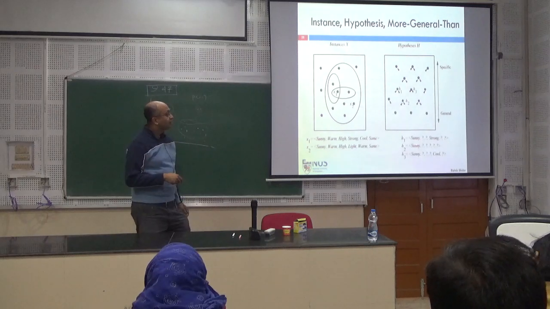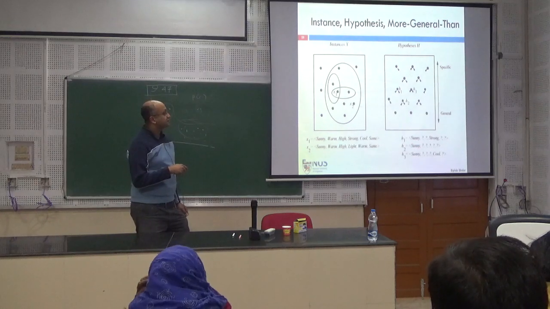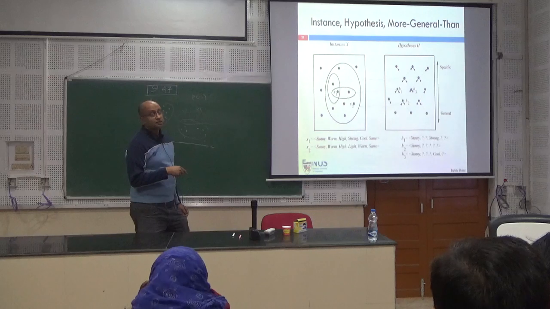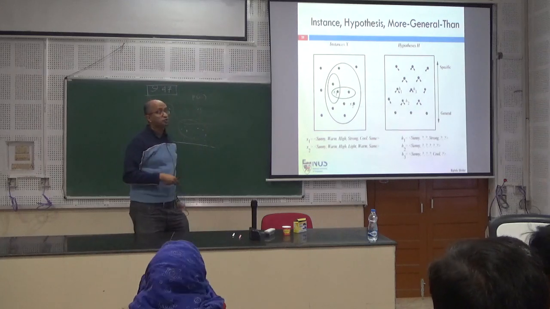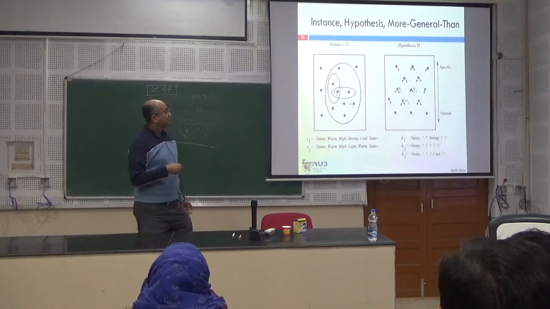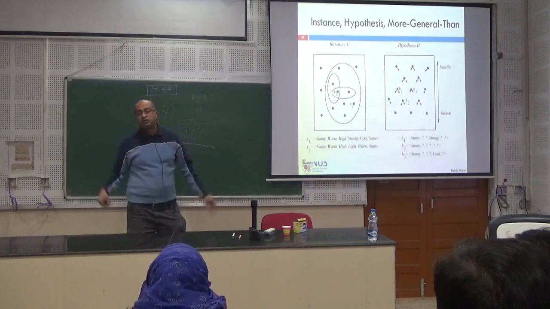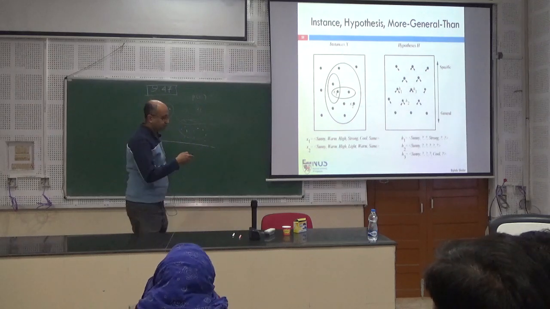That's fine. But if you look at hypothesis H2, which says just sunny, it includes sunny and strong. That's a pictorial way of showing what we mean by more general than. H1 is a subset of H2 in some way, so H1 is included within H2. That's what we're going to do.